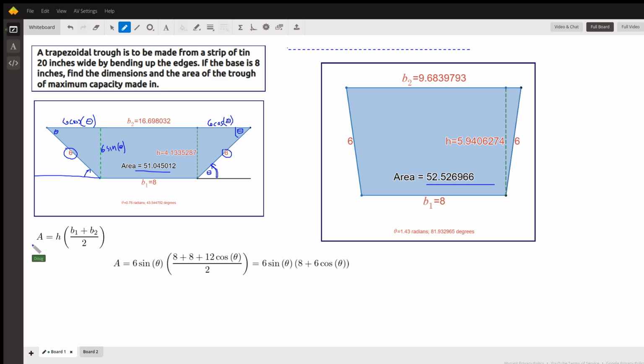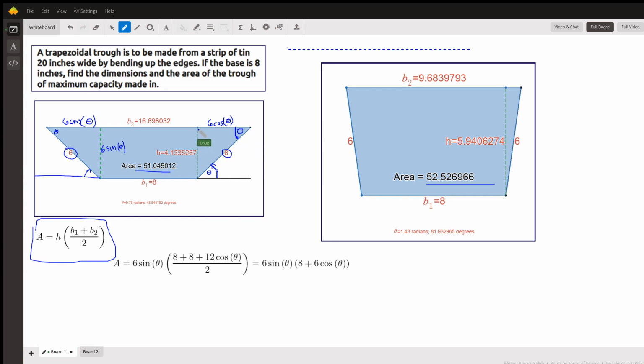So the formula for the area of a trapezoid is the height times the average of the bases. Again, we're going to do everything depending on this theta. This angle up here is theta also because they're alternate interior angles for a transversal crossing two parallel lines.